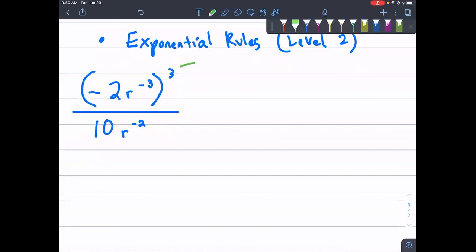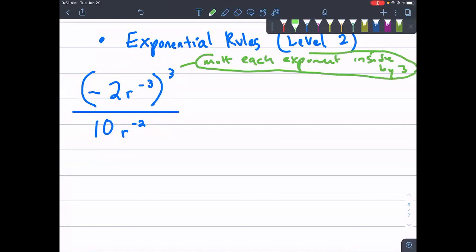So again, we're going to multiply each exponent inside by 3.